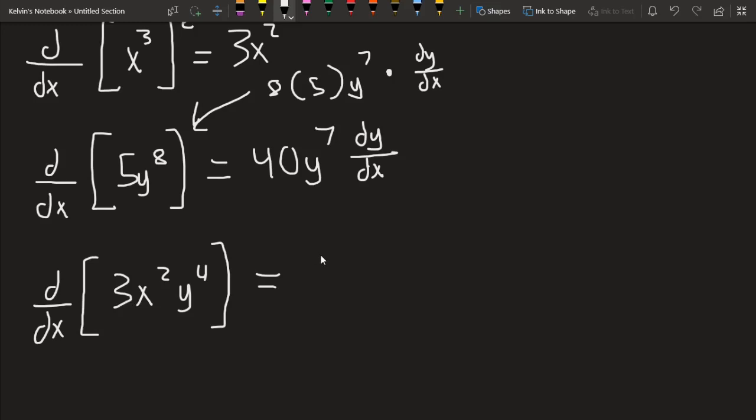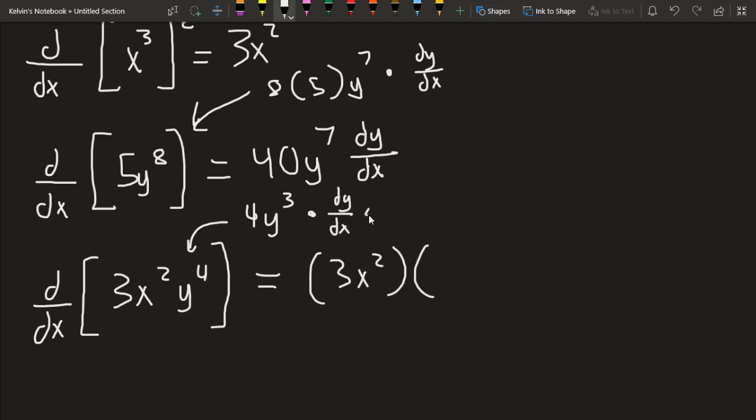So let's write that in. 3x squared times the derivative of y to the power 4. The derivative of y to the power 4 would be equal to 4y cubed times dy dx. The derivative of y with respect to x.